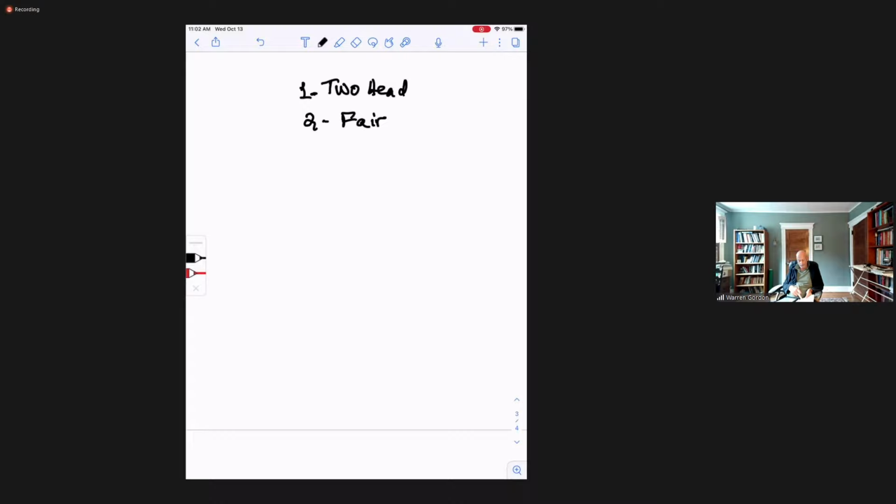A coin is randomly selected, tossed twice, each time showing a head. So this is the fair coin and this is the unfair coin, right?